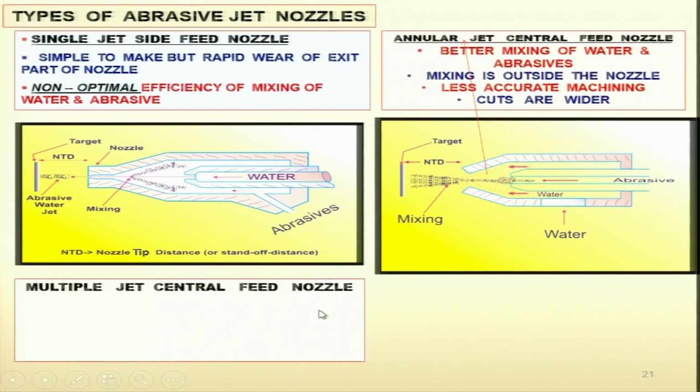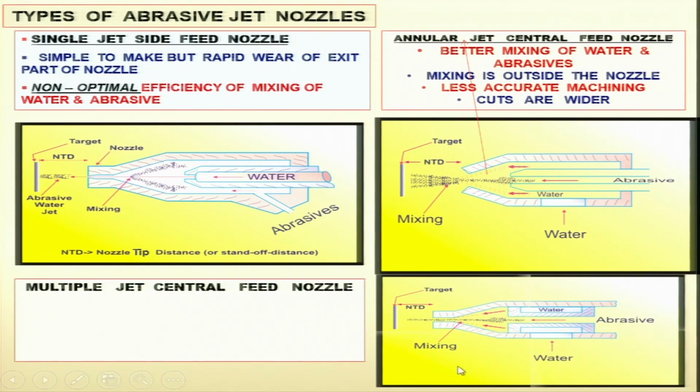Then you have the multiple jet central feed nozzle. As you can see over here, this is the water jet, this is the water jet. You can have more than two, a number of water jets, and this is the abrasive particles.